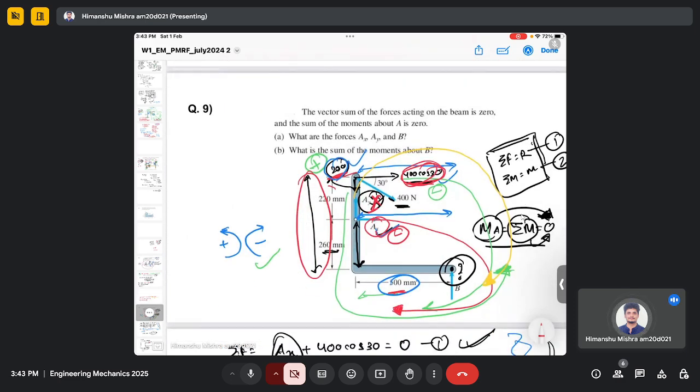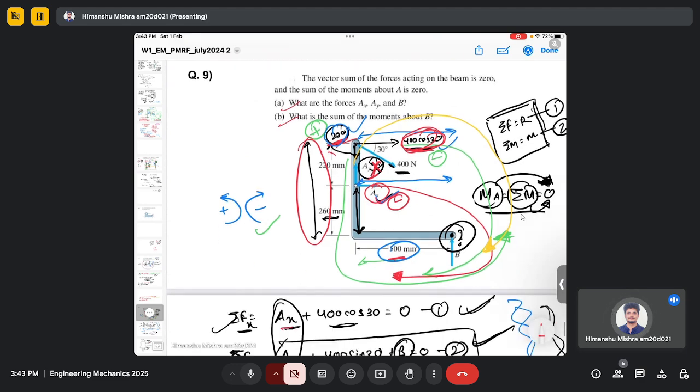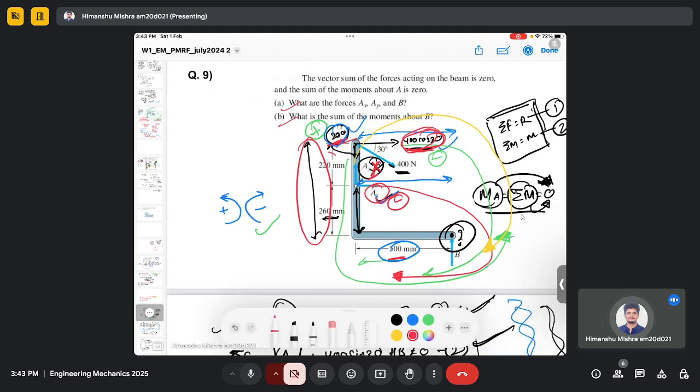So just to recap here, we have been given two parts in this problem to solve. In the first part, we need to calculate the unknown forces, and to do that, we use three equations.